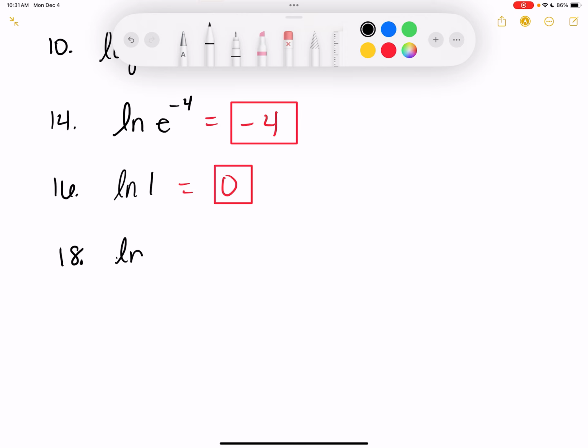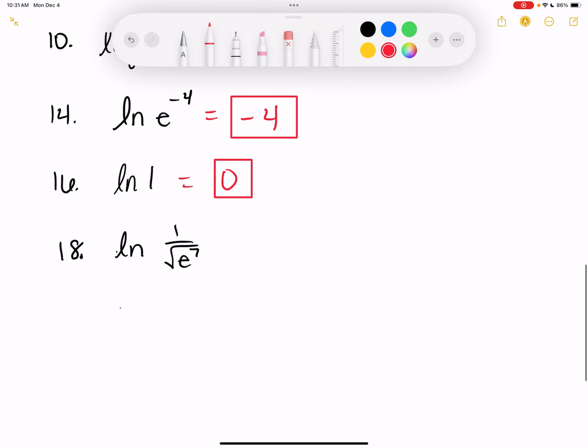All right, 18. ln of 1 over the square root of e to the 7th. Is that even allowed? Can we make that just like what we did in number seven? Negative 7 over 2? Virginia. Yeah, I forgot about the square root.